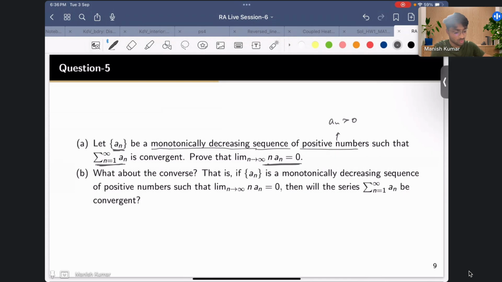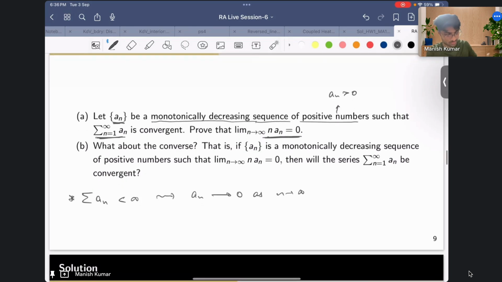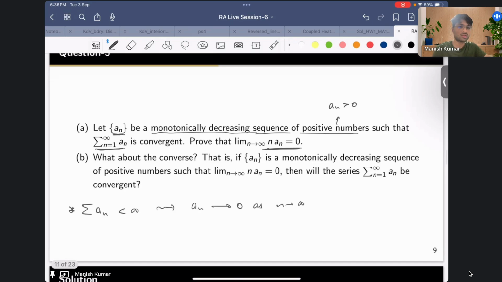So you already know that. Suppose you have this condition, right? When the series a_n is convergent, then you know from here that a_n goes to 0 as n goes to infinity, right? You have seen this result, correct? This is the necessary condition for a series to be convergent. This sometimes helps.